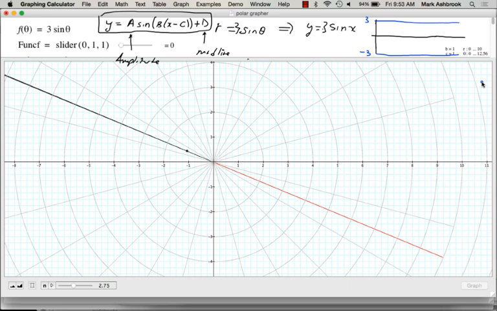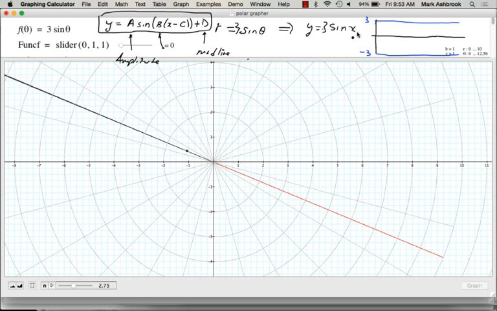Okay, what about b? What does b have to do with here? So b has to do with the period. It's an adjustment to the period. What's the standard period of sine of x? For what interval of x do we get one full cycle? 2 pi, right?